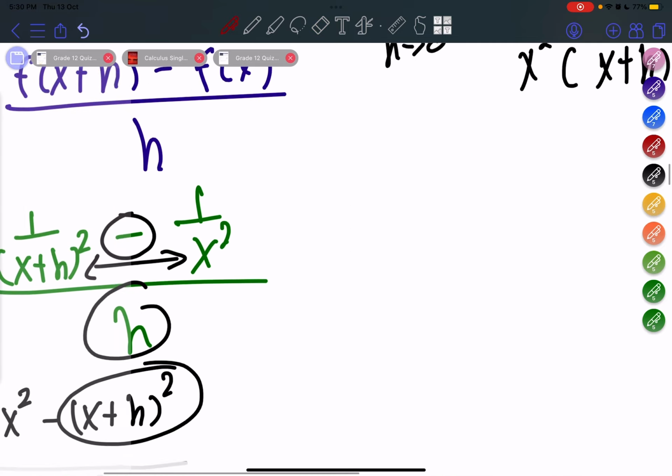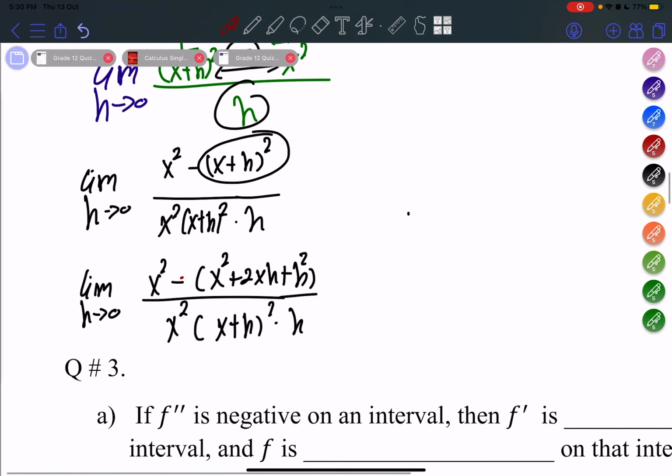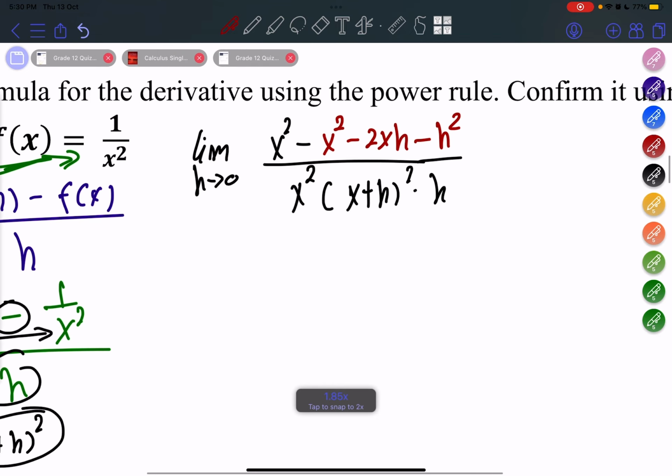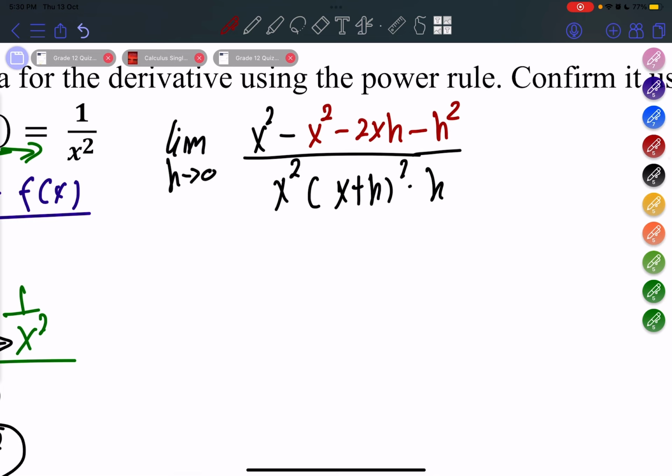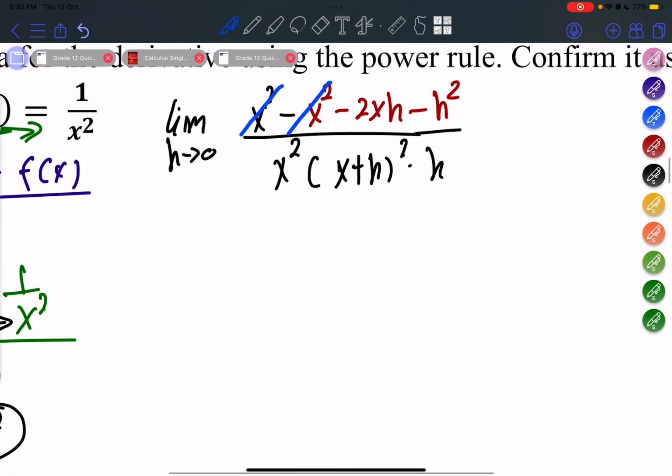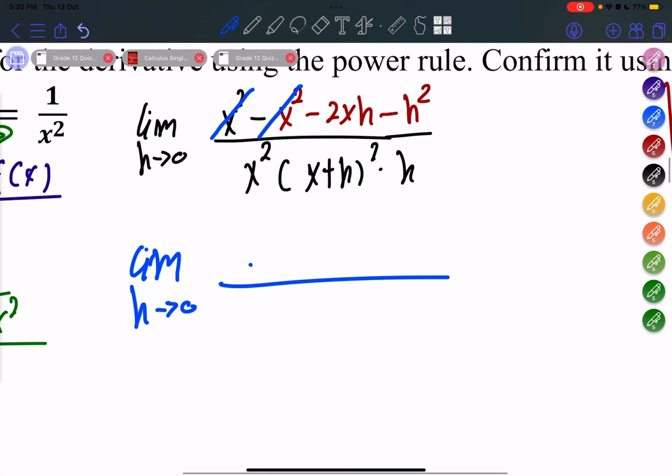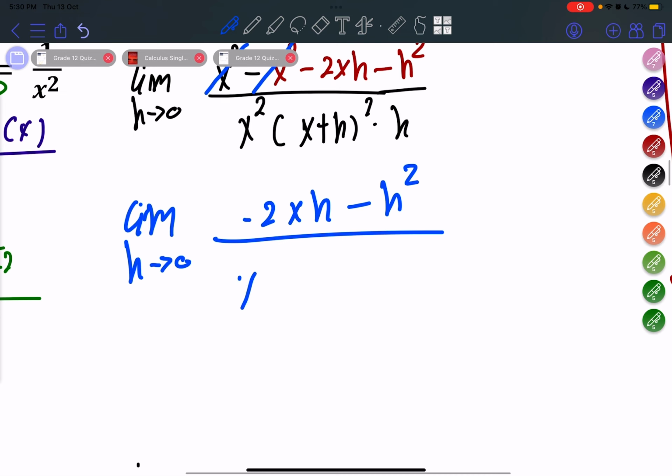Okay, so we didn't do anything, we just changed the sign of each term in this polynomial. So now we can just cancel x squared with minus x squared. So it becomes here our equation as limit h tends to 0 is equal to minus 2xh minus h squared over x squared times x plus h whole square times h.